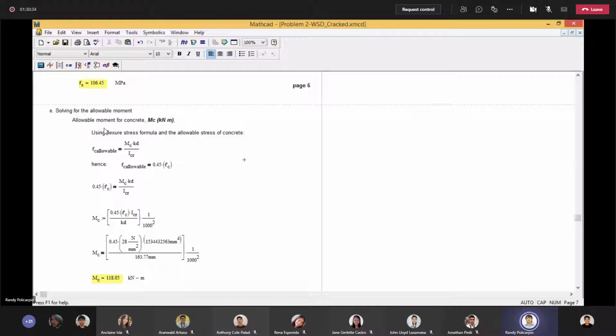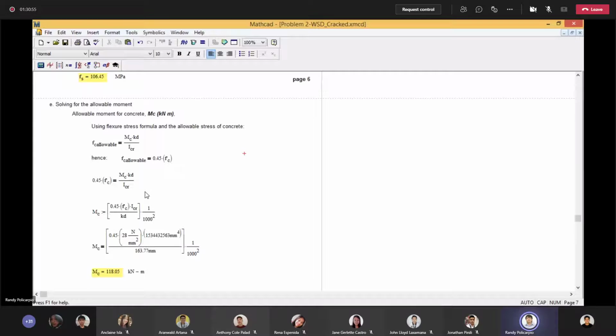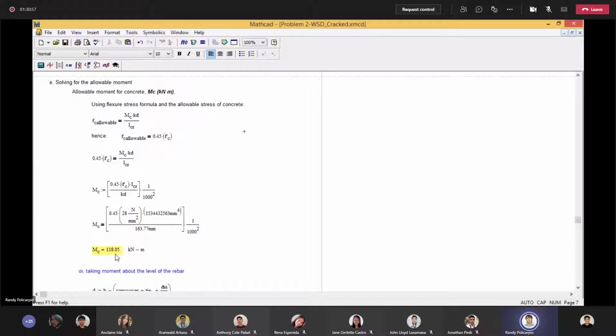Now, if you want to solve for the allowable moment for concrete, we make use of the flexure formula. But our flexure stress should be equated to the FC allowable. Our FC allowable is 0.45 F prime C. Okay? So then you may solve for MC.